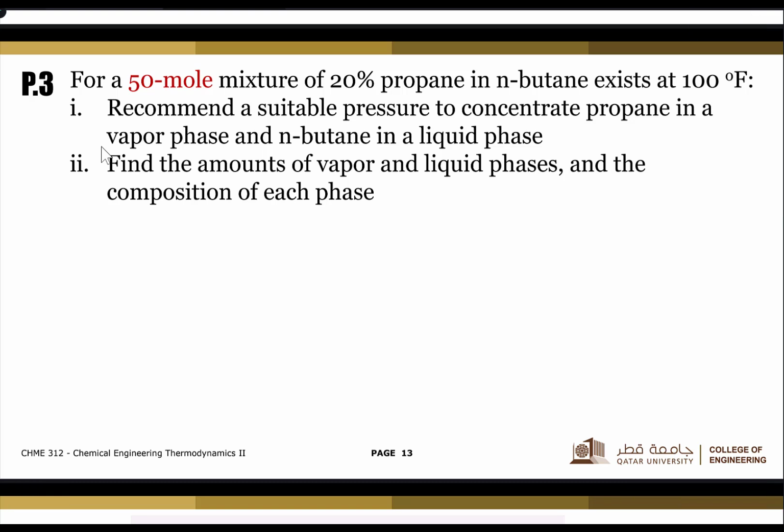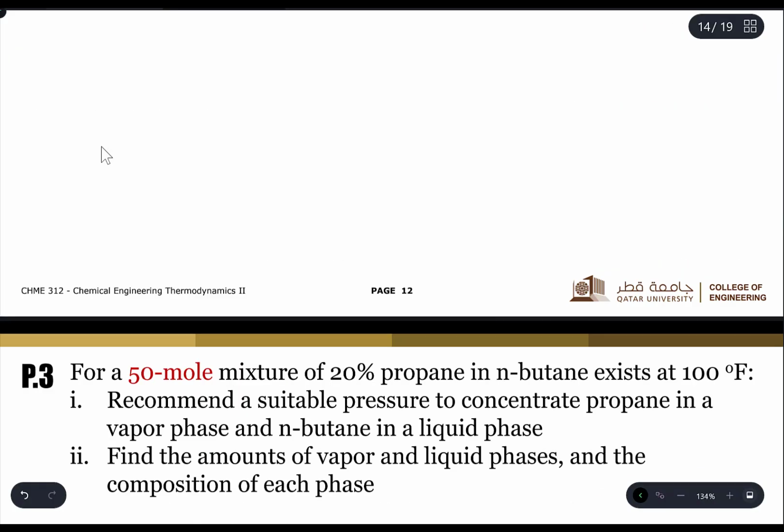So for P3, you're going to get, let's see, the volume. The vapor, approximately 15.58. Liquid, 34.42. From that, you can get the rest.